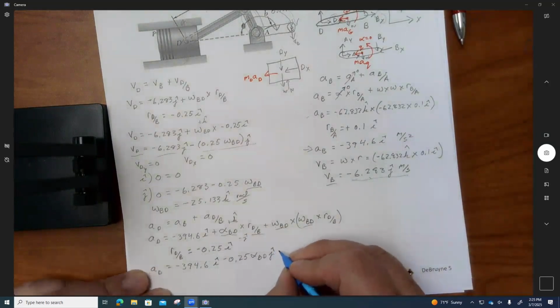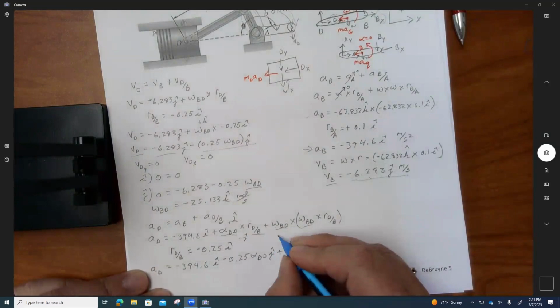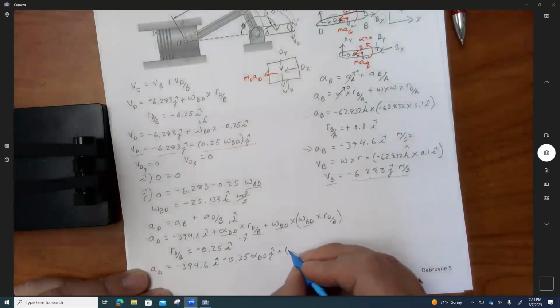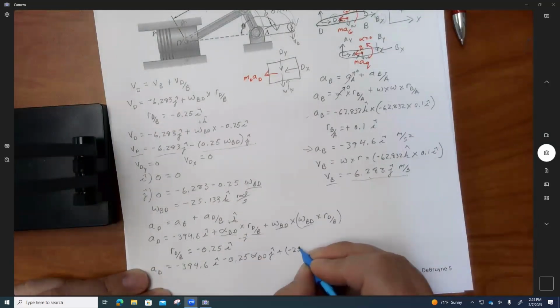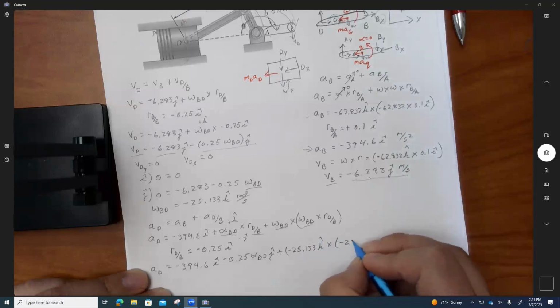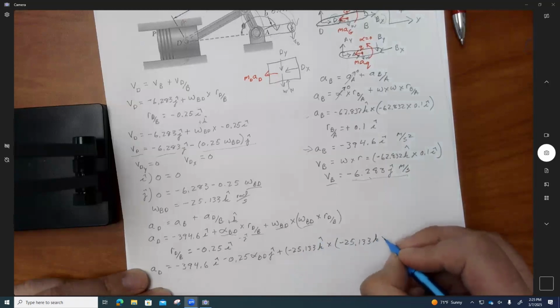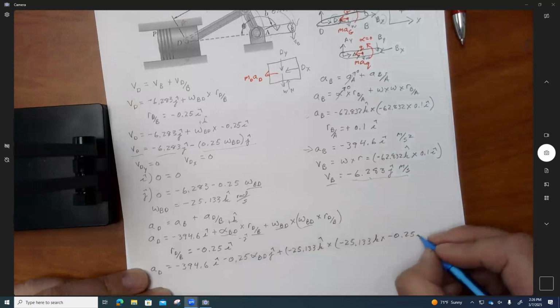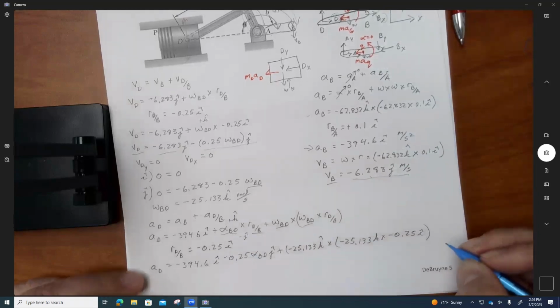And let's put in the values that I know for the angular velocity for BD. That is a clockwise velocity of minus k crossed with minus 225.133 k crossed with a minus 0.25 i.